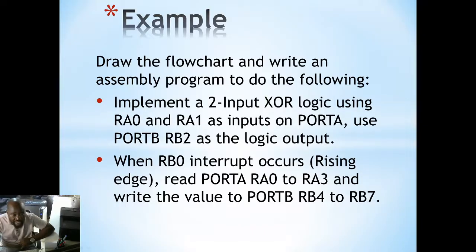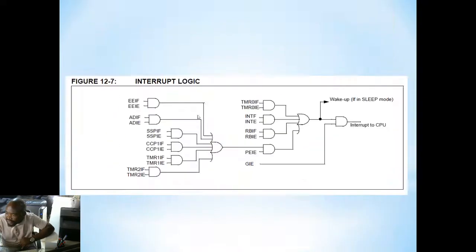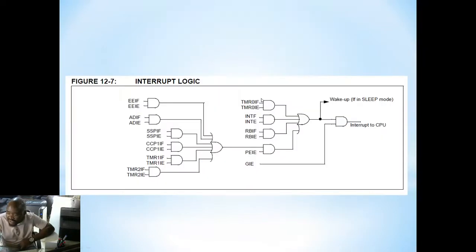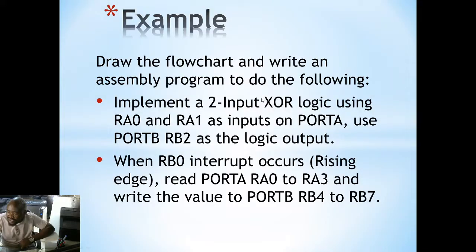When interrupt occurs, that will happen at 04. What is it that we are supposed to do? We are supposed to perform the function. When we get an interrupt, address 04, that's our interrupt service routine, we need to perform the ISR function. And now in our case, the interrupt service routine function is reading A0 to A3 and writing to B4 to B7.